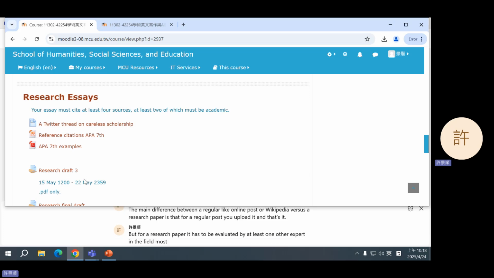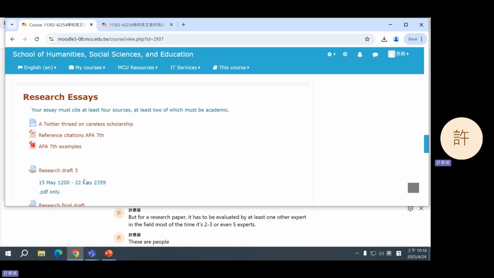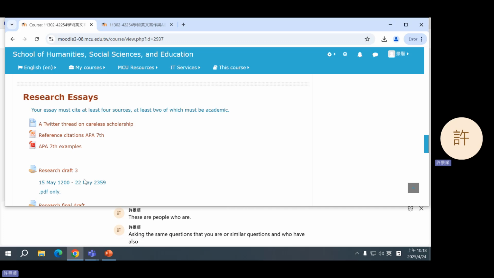Most of the time, it's 2, 3, or even 5 experts. These are people who are asking the same questions that you are, or similar questions, and who have also done their own experiments or looked at what other experts have talked about regarding this topic.